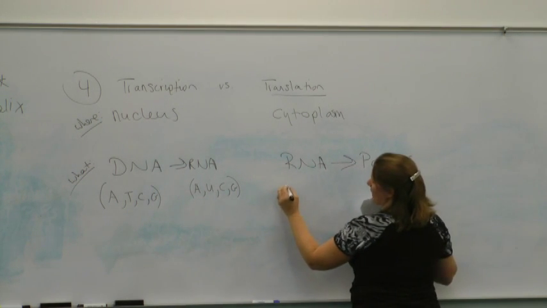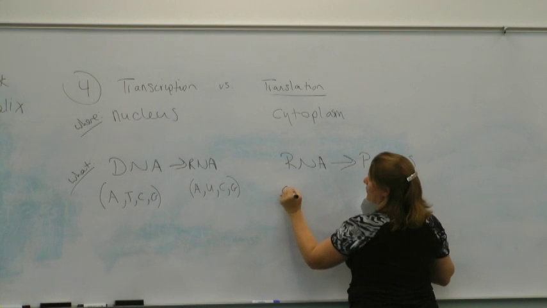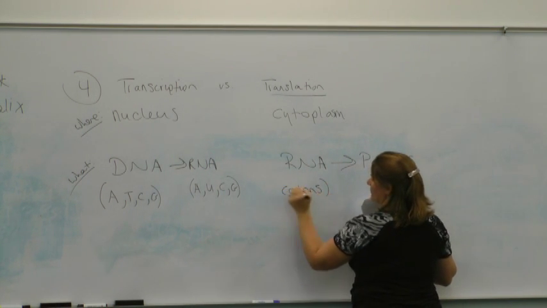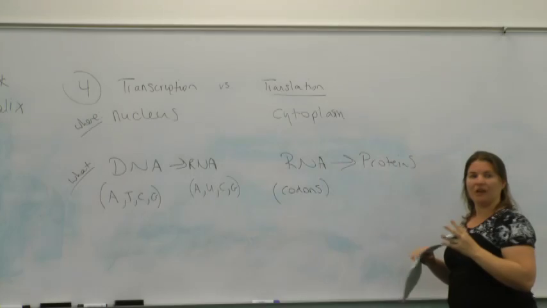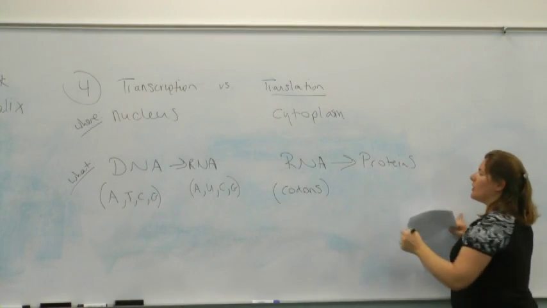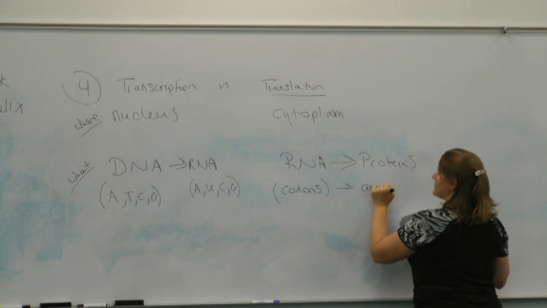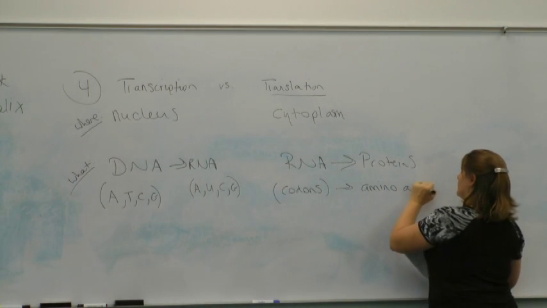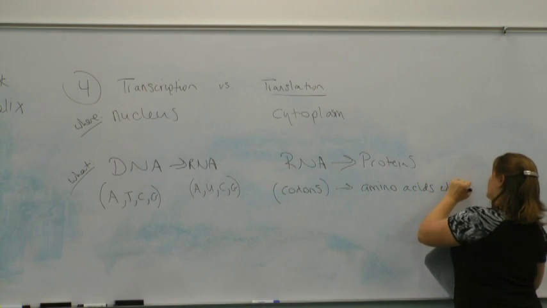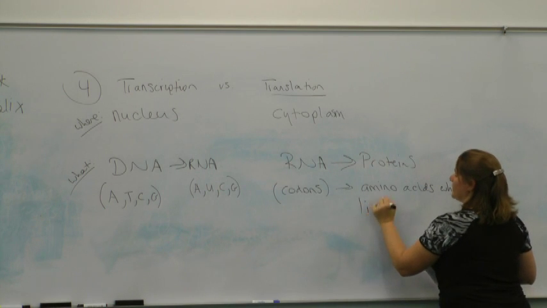But specifically what's happening is that RNA codons, which is a set of 3 RNA nucleotides, are coding for amino acids, which link together to build proteins.